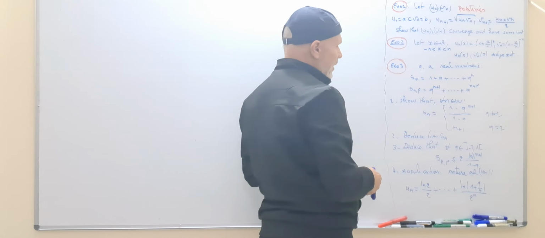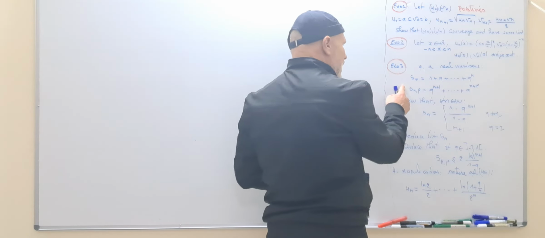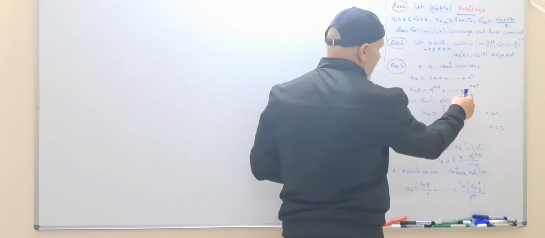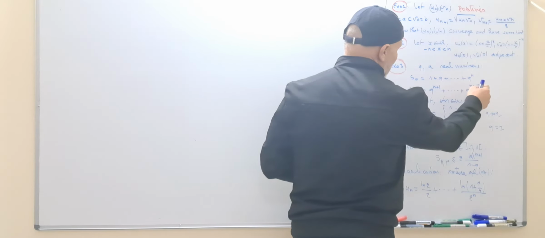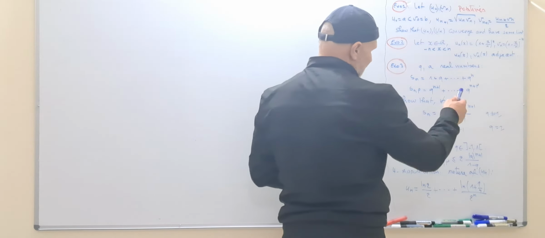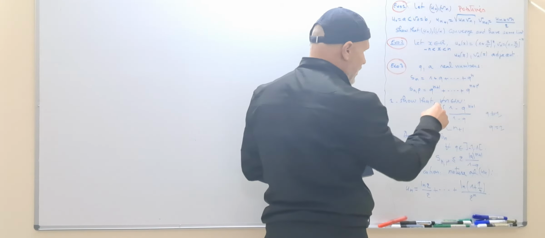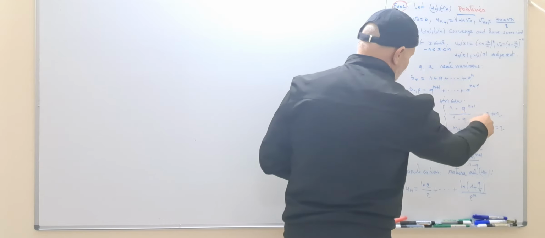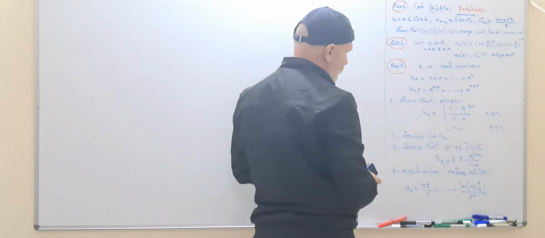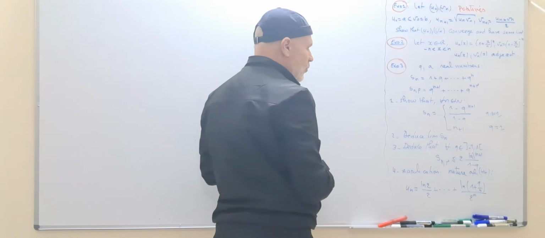We consider Sn equal to 1 plus q plus ... plus q^n. And we consider S_{n,p} equal to q^(n+1) plus ... plus q^(n+p). First question, show that for all n in N, Sn is equal to (1 - q^(n+1)) over (1 - q) if q is different from 1, and n + 1 if q is equal to 1.